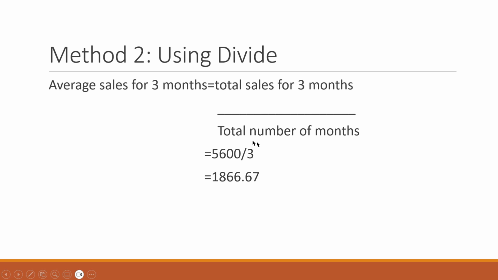Here you can see we have divided with the number of months, which is the 3. That's why we are getting a different answer, 1866.67. Hope you understood. So whenever you want to calculate for full months, you don't want to go row by row, then you can use this divide function and you can get the average sales for 3 months.